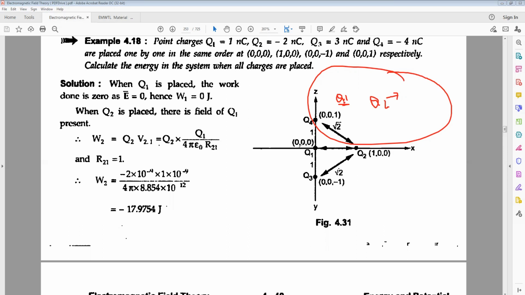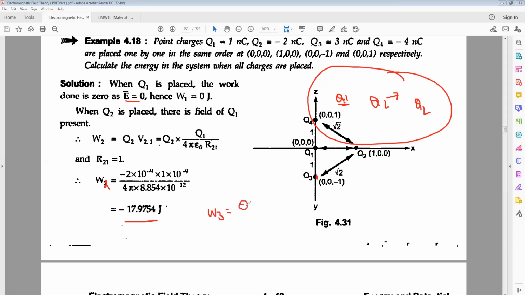The value is only 1. So W2 is obtained, and W1 is 0 because when Q1 is placed, the work done is 0. Similarly, we now bring in Q3. A force is exerted on Q3 due to Q1, and Q2 is also already there.